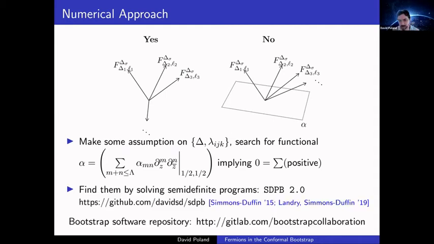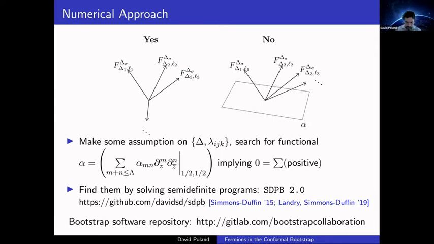Over the last decade or so, we've been refining this numerical approach. We've been building various software tools to search for these functionals. The modern approach is to look for them by solving a kind of convex optimization problem called a semi-definite program. And there's a nice piece of software called SDPB, which is optimized for solving the kinds of semi-definite programs that show up in the Bootstrap.